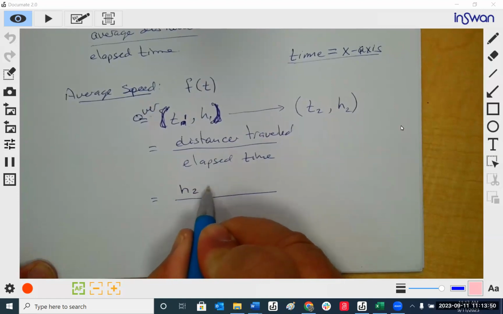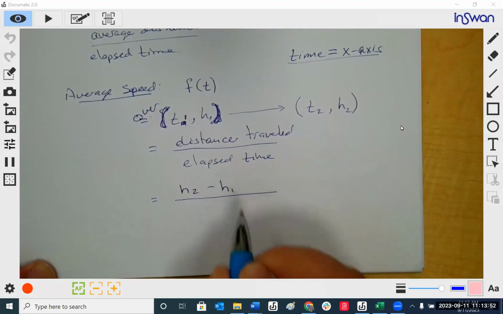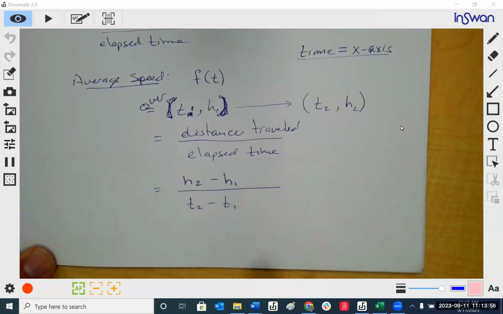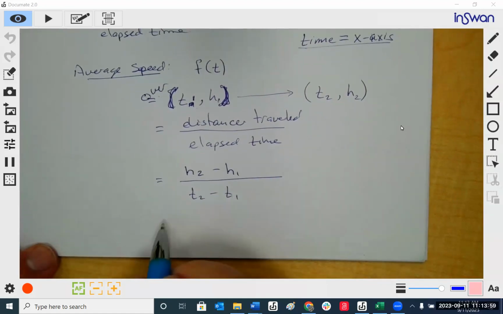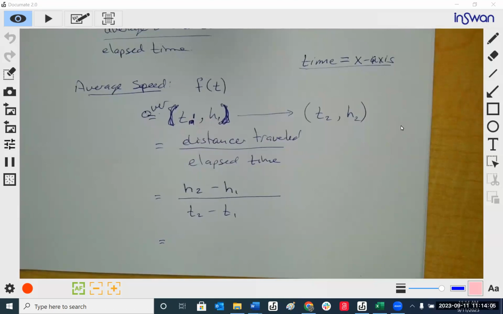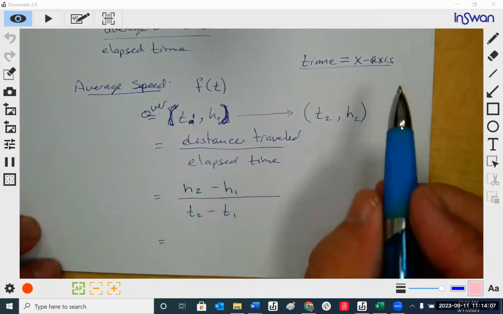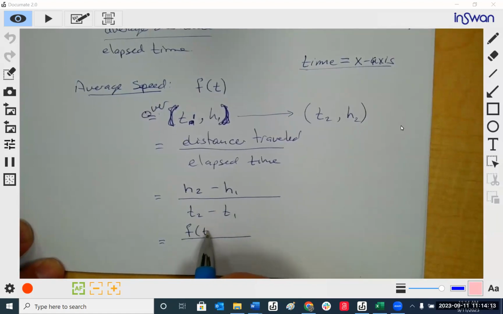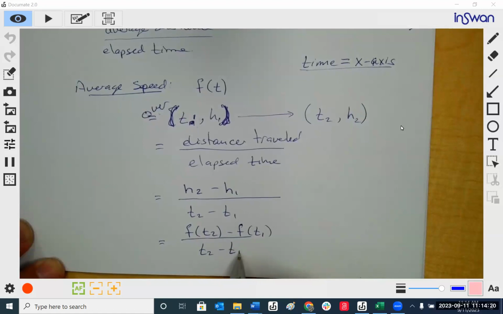So it would be H2, height 2 minus height 1, over time 2 minus time 1. But remember, it's a function of time. So the height, the position, is a function of time: f of T2 minus f of T1 over T2 minus T1.